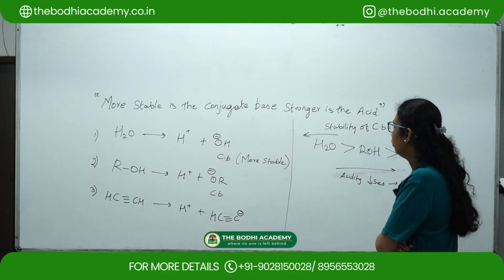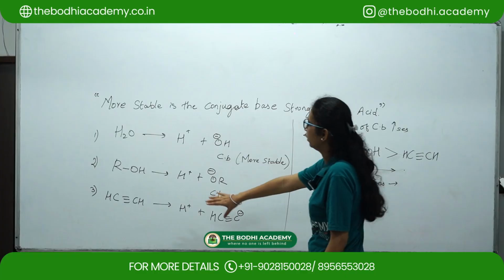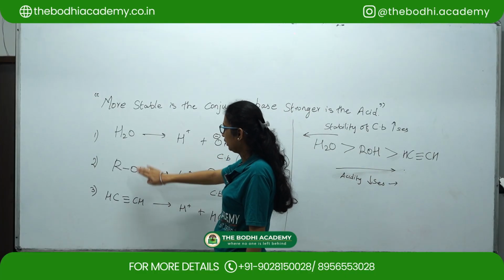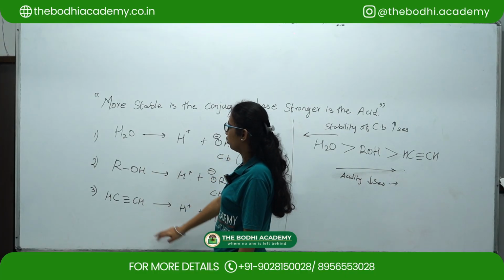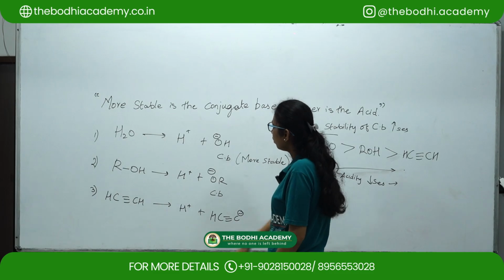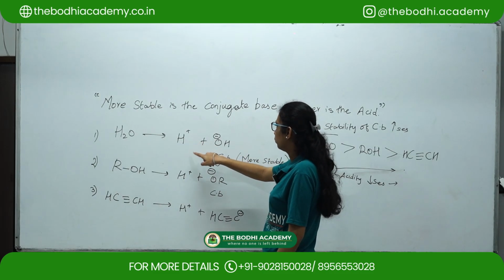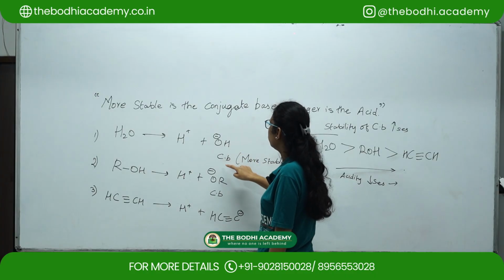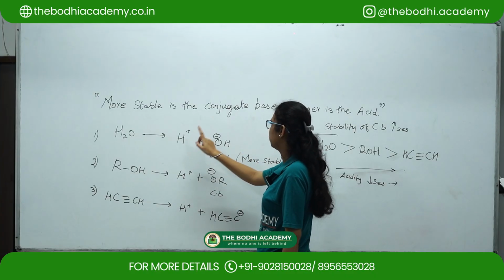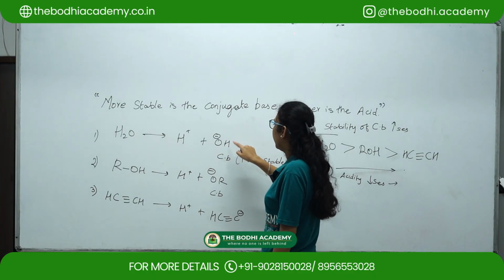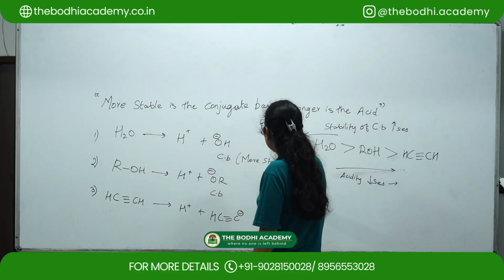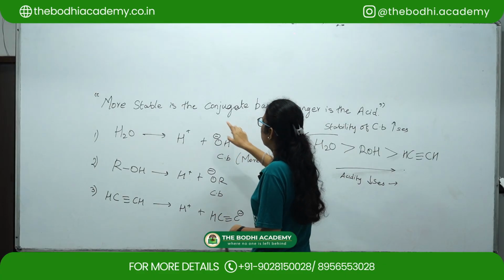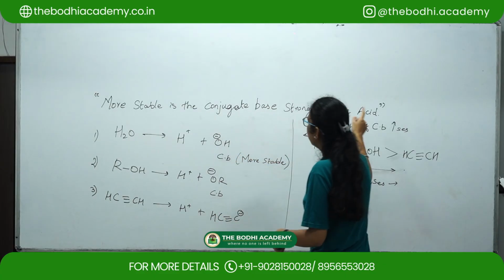Now you have to first do the dissociation of all these molecules, water, alcohol and this ethyne molecule. Okay, now water will dissociate to give you H plus ion and OH minus ion. Now this OH minus is your conjugate base, and H plus is your acid. Now this conjugate base is more stable. So the more stable the conjugate base, the stronger is the acid.